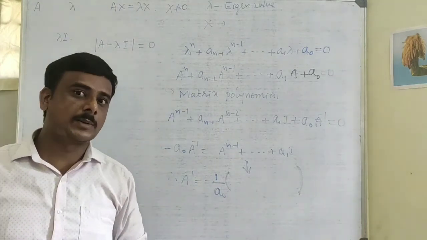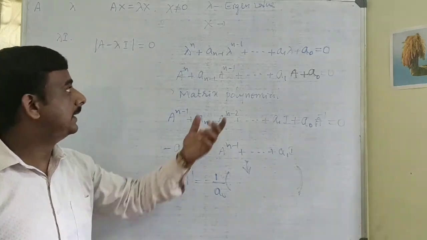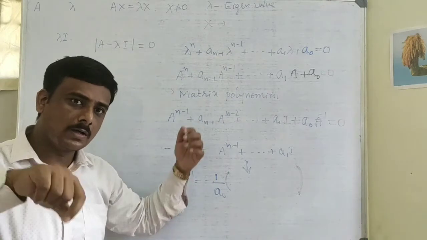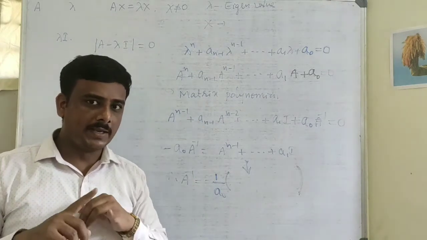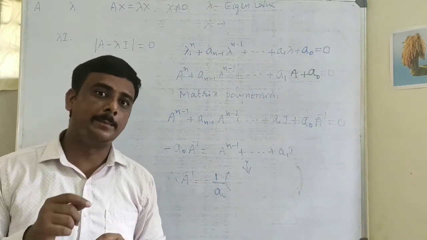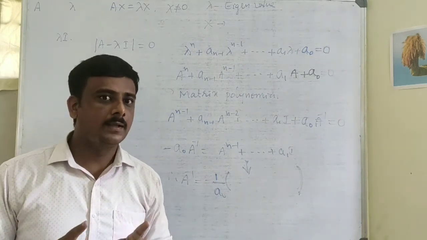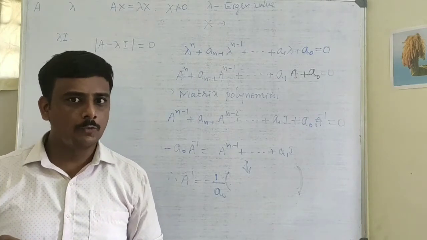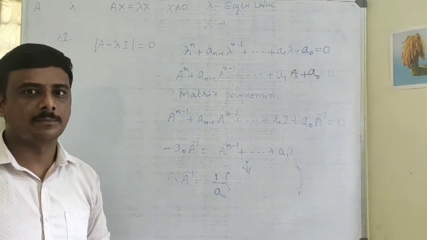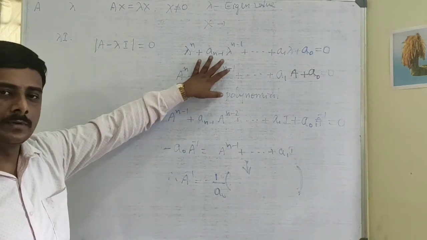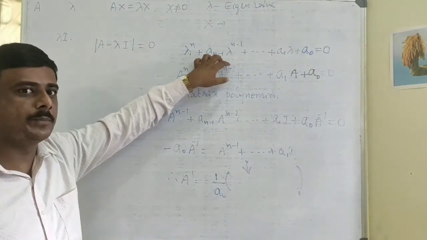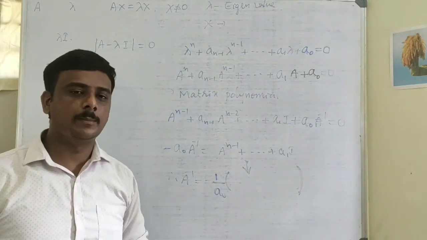Sometimes there are some other polynomials which have degree less than the characteristic polynomial, but those are also matrix polynomials. So any matrix polynomial of minimum degree is called a minimal polynomial. Now, sometimes for some matrices you may have the characteristic polynomial itself as the minimal polynomial.